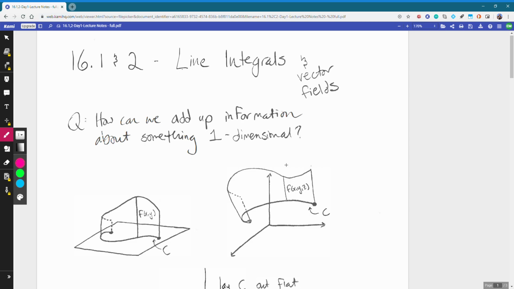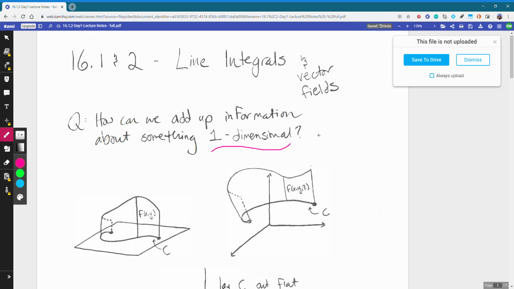Welcome back, everybody. Today we're stepping into a new chapter, but we're asking a question that we've asked before. We're asking once again how we can add up information. And we've thought about adding up information over one-dimensional things before, but now we're actually going to put these one-dimensional things in a new context.